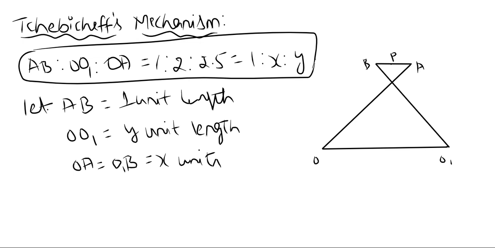Now first, I'm making some assumptions. I'm drawing one line that is perpendicular to OO1, and I'm marking this point as E. So here I have drawn one line from A to E which is perpendicular to OO1. Suppose this OO1 is a fixed link here.